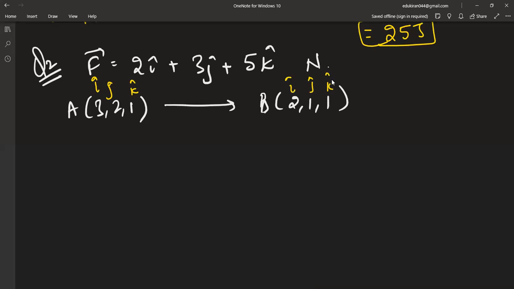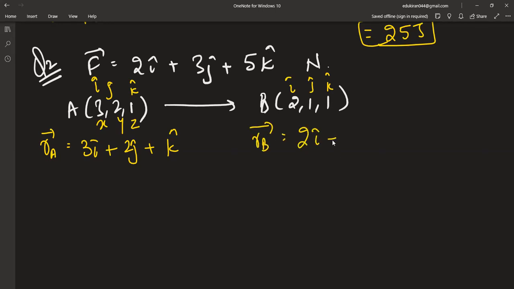So this is the initial point, that is r_A, which is 3 i cap plus 2 j cap plus k cap. This you will write in this form, since there is no x, y, and z. So that's why you will write it in this form. Then only you'll be able to solve the question. r_B is 2 i cap plus 1 j cap, that is j cap, plus 1 k cap, that is k cap.